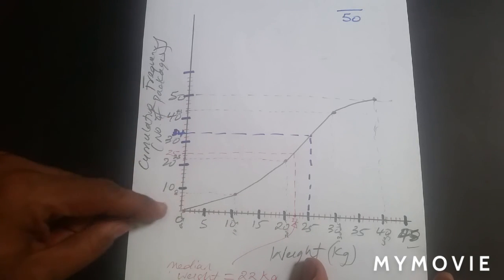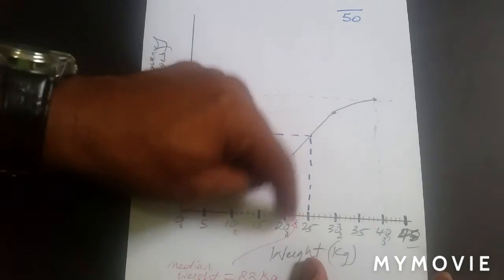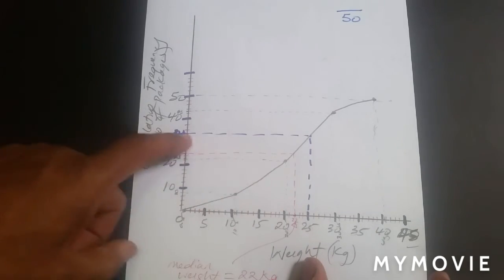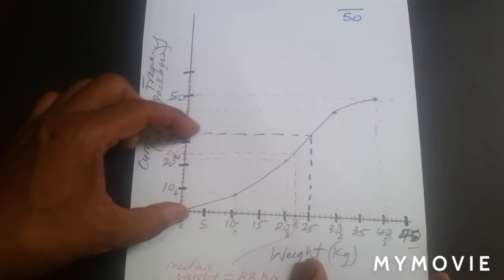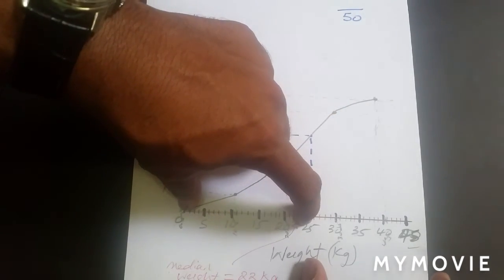If I were to carry a line from 0 right across to the curve, all of them would fall below 25. None of them would pass 25 apart from this 34 line here. So all the packages down here would weigh 25 kilograms or less.